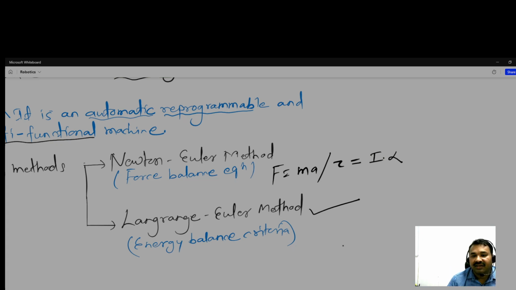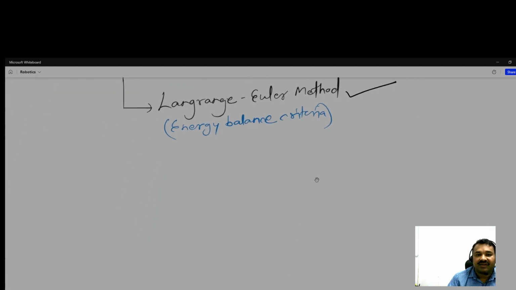So in that case, a better option is the Lagrange-Euler method. Let us discuss what this Lagrangian approach is.